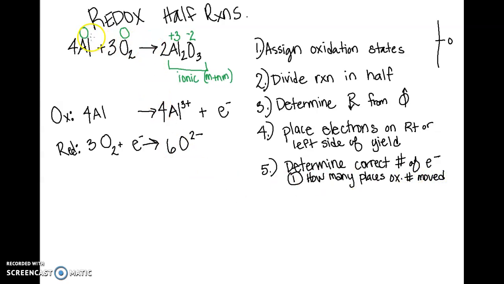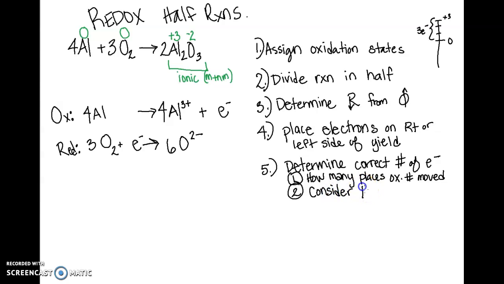So for aluminum, it changed by 3, because every one of those movements from 0 to +1 to +2 to +3 right here, each of these represents an electron. So that means for aluminum, 3 electrons.